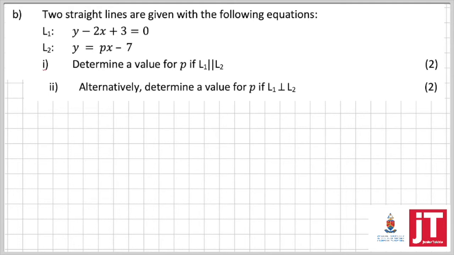Two straight lines are given with the following equations: y minus 2x plus 3 equal to 0 and y equal to px minus 7. Now, I don't like line 1. Why don't I like it? Because y is not the subject.